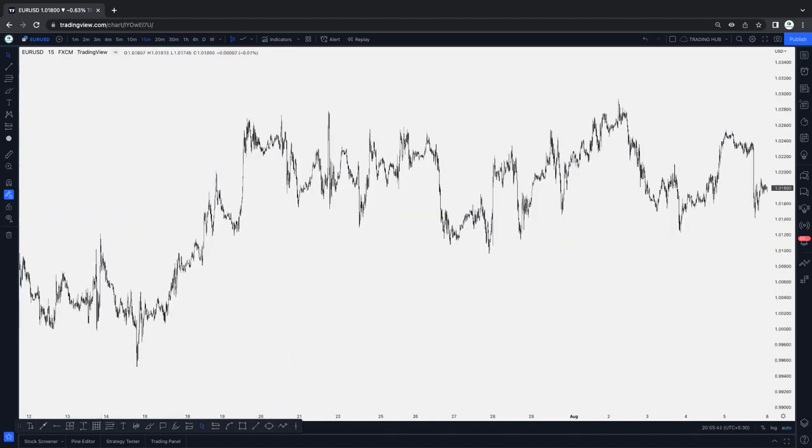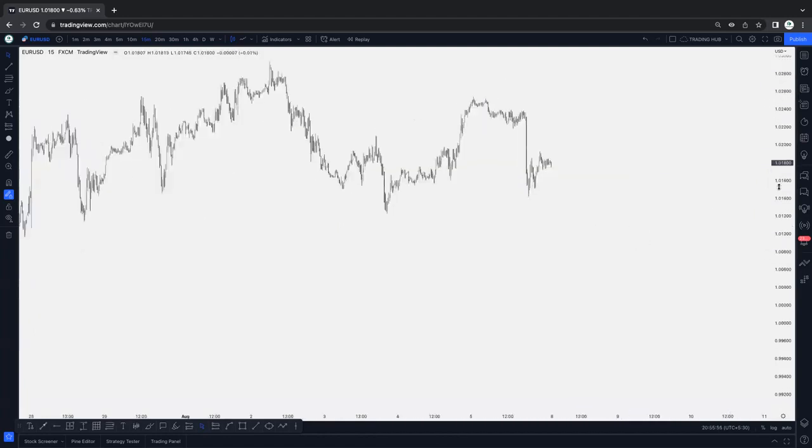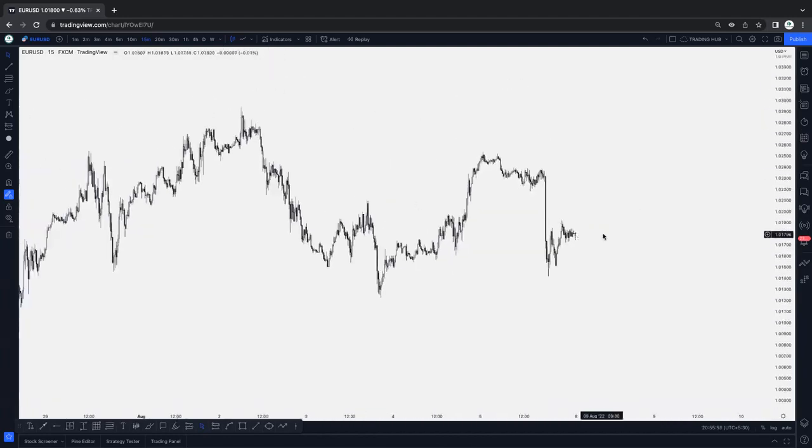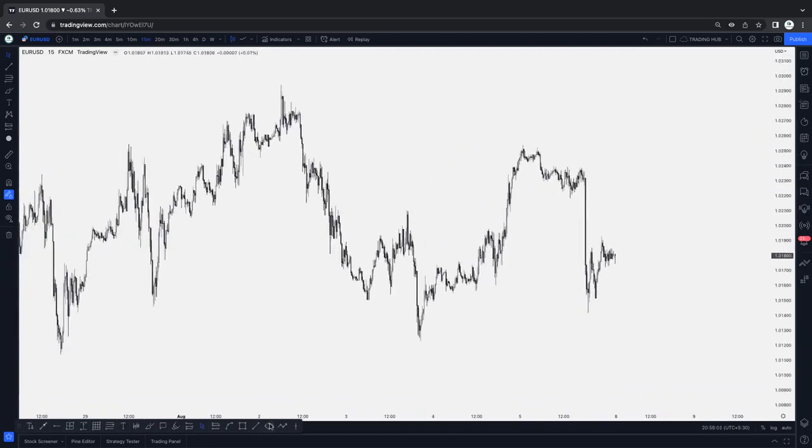Actually, I am giving you an example to mark. To start marking structure, you have to start from the top if the market is bearish. You can understand whether market momentum is bearish or bullish, then start from the top. Like in this case, the market looks bearish, so you start from the top.